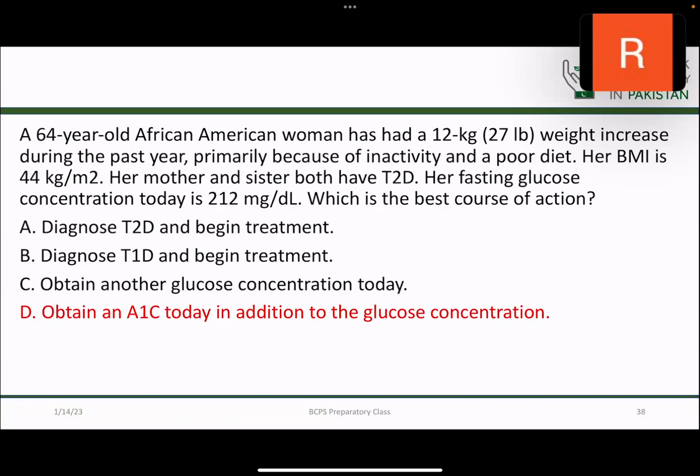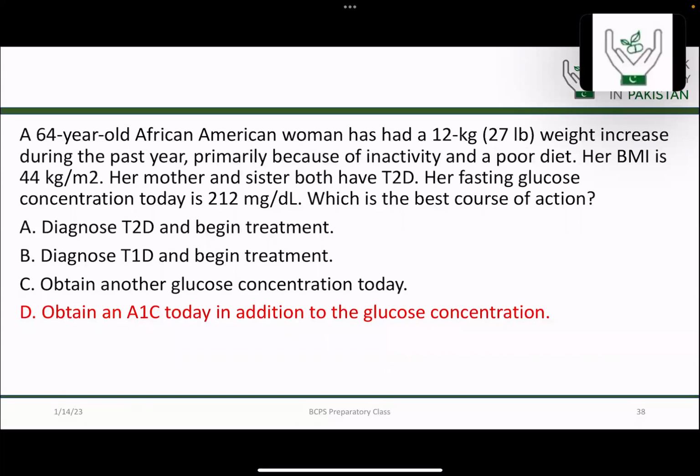So we already discussed that the American Diabetes Association recommends that at least there should be... Most of the people, sir, are answering D. Oh yeah, that's good. Because glucose concentration is available only, we need another criteria to be fulfilled, not only one.